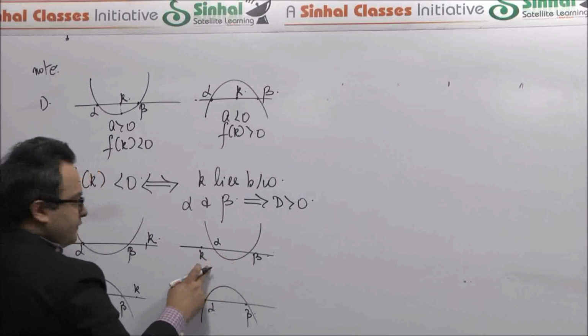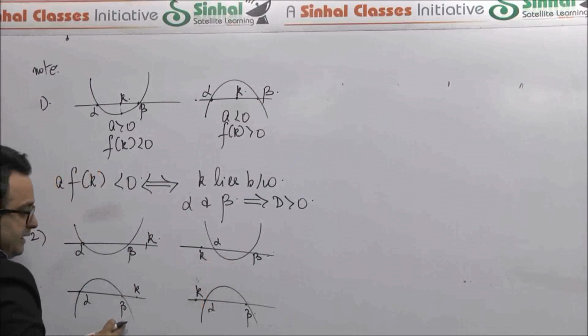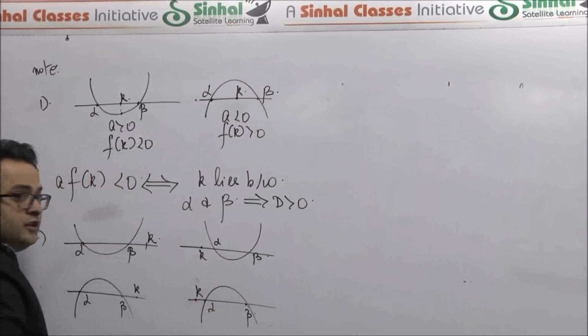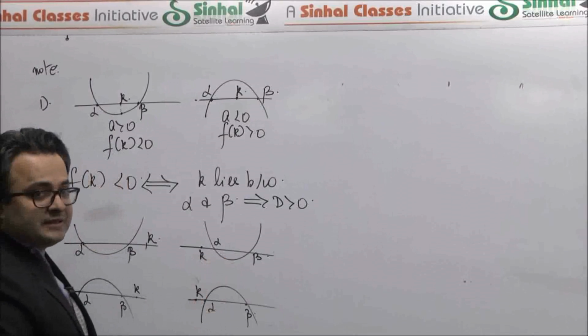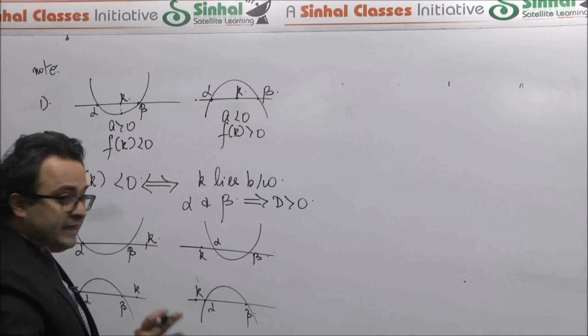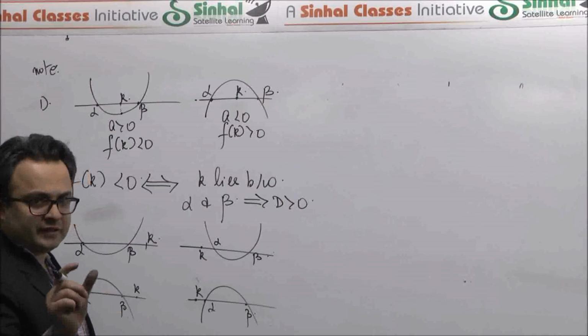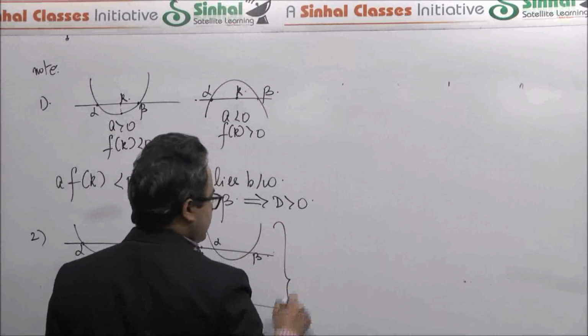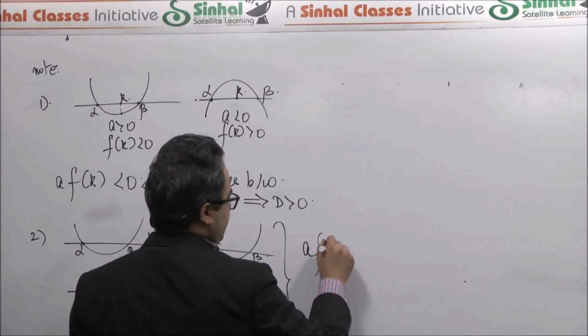A is positive, f of k is also positive again. A is negative, f of k is also negative. A is negative, f of k is negative. So in all these four cases, a and f of k have the same sign.